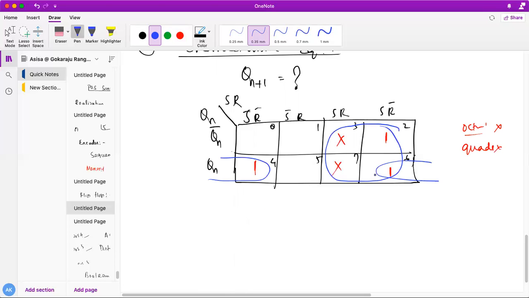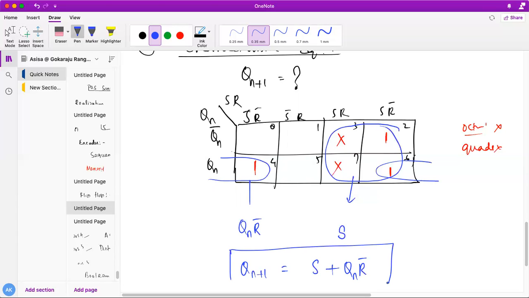So what will be my final? Here the common is nothing else, S, and here the common is Qn and R bar. So finally I have got Qn plus 1 equals S or Qn R bar. So this is my characteristic equation, the characteristic of my flip-flop.